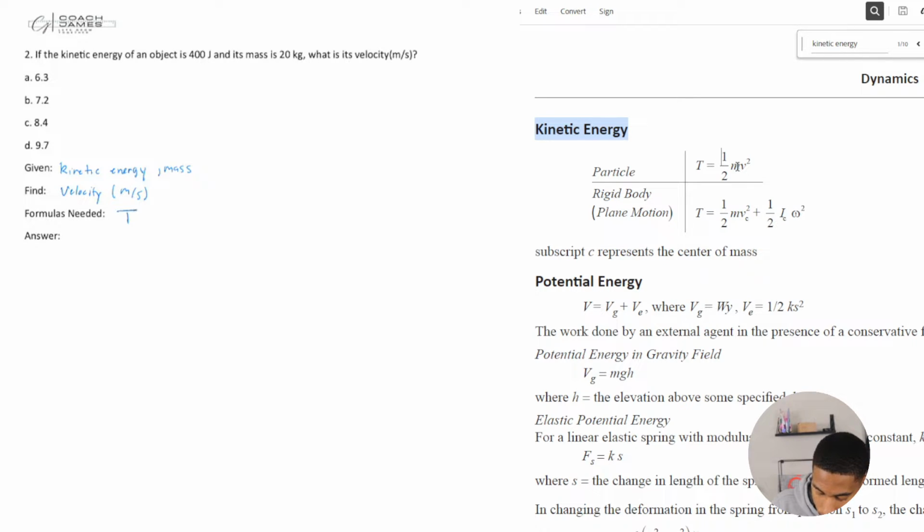So T is equal to 1/2 mv squared. M is equal to 20 kg. T is equal to 400 joules.